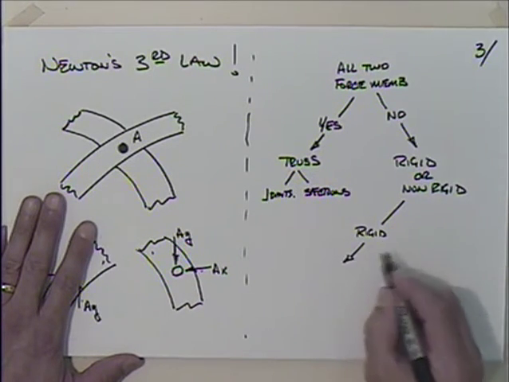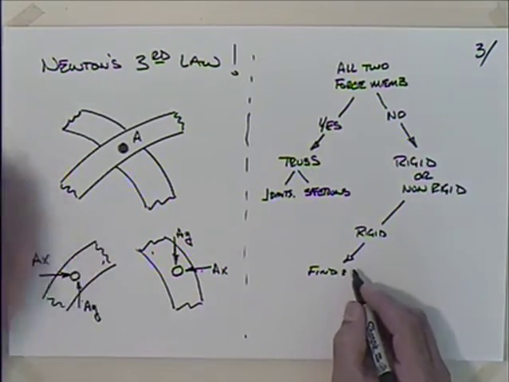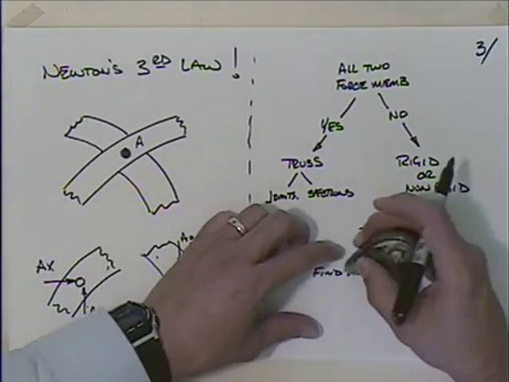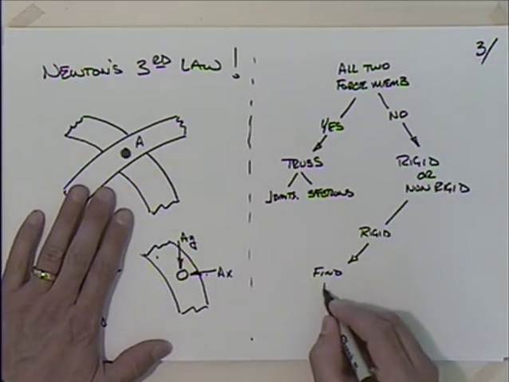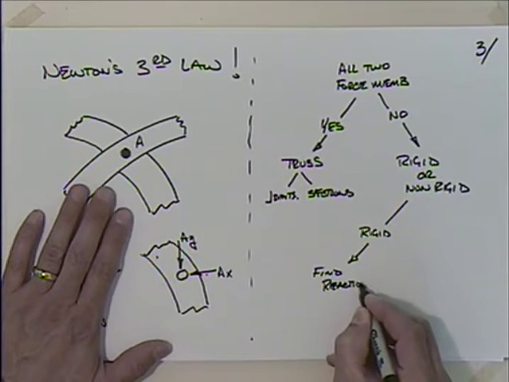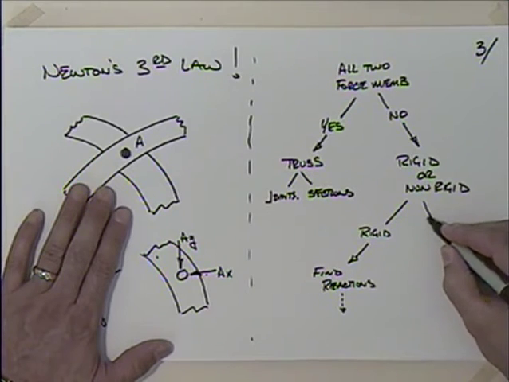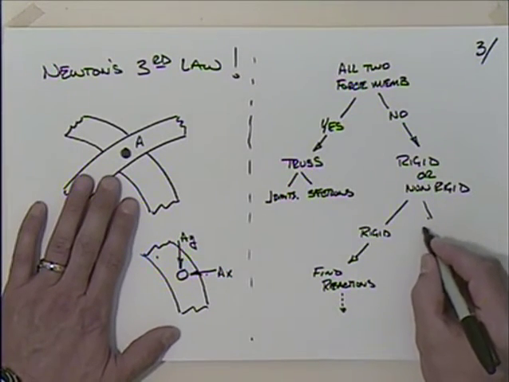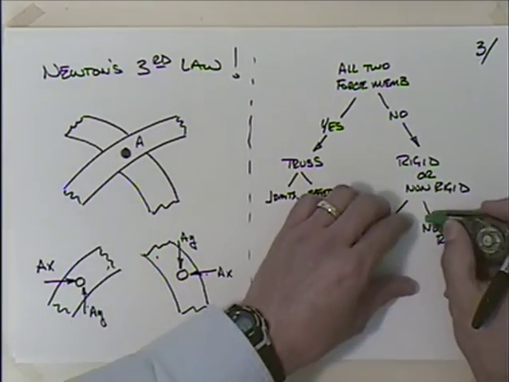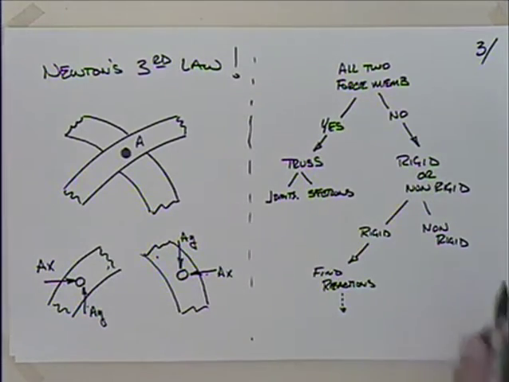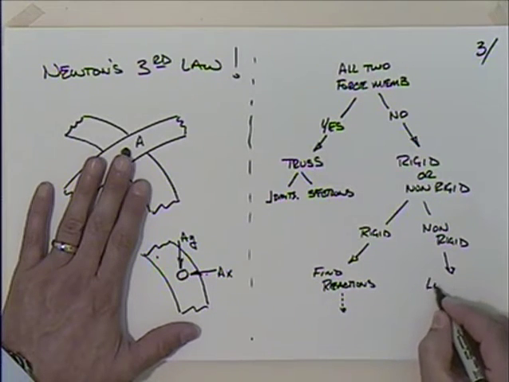We find the support reactions, find reactions and continue working from there. Whereas if it is non-rigid, what do I do? I go directly to individual members.